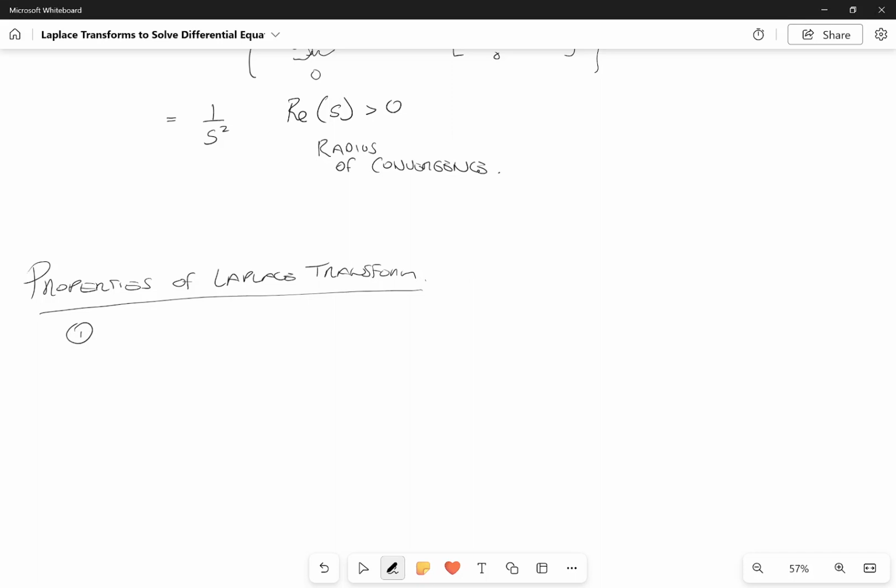So we have the Laplace of f1 of t plus f2 of t is equal to the Laplace of f1 of t plus the Laplace of f2 of t.